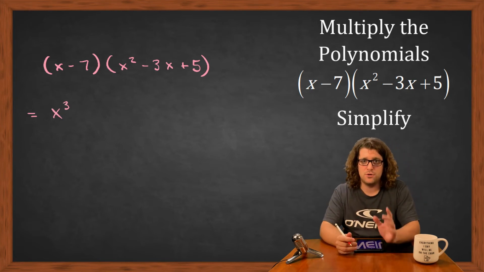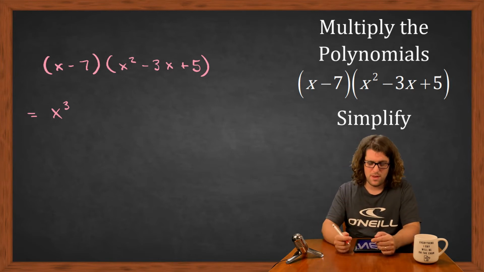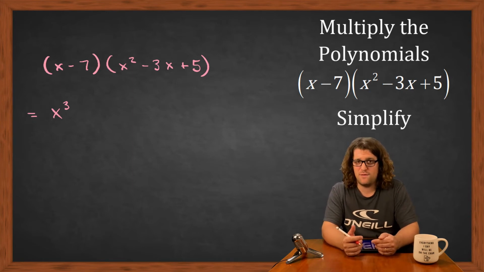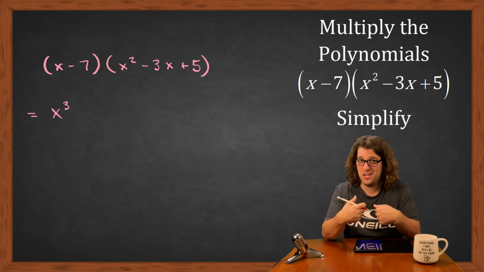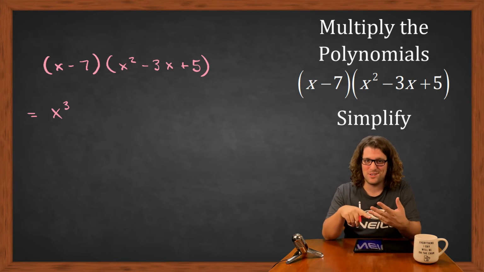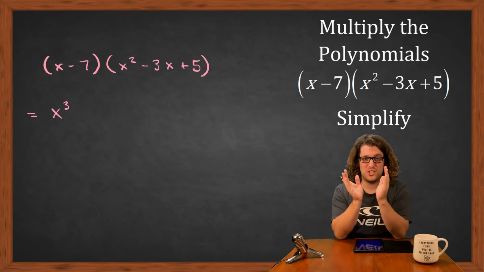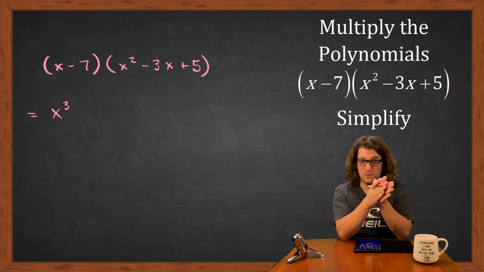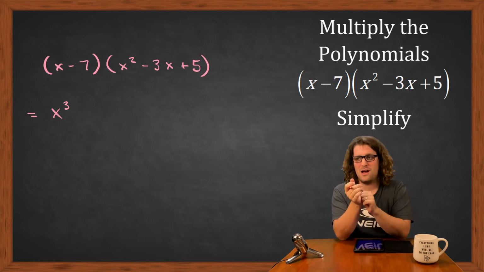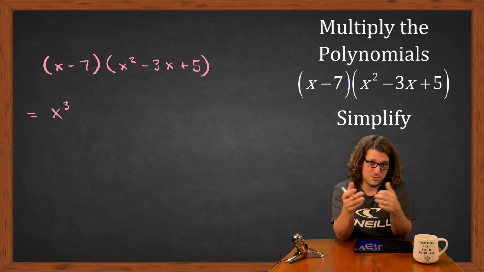We move on to still the first term in the first bracket times the second term. The order in which you do this actually doesn't matter at all. It's just that if I start jumping all around, personally I will likely either double up a term or miss a term. So I try as best I can to always take the first term in the first bracket and go through everything in the second bracket, and then start going through the second term and do the same thing. In this case, there's only two.